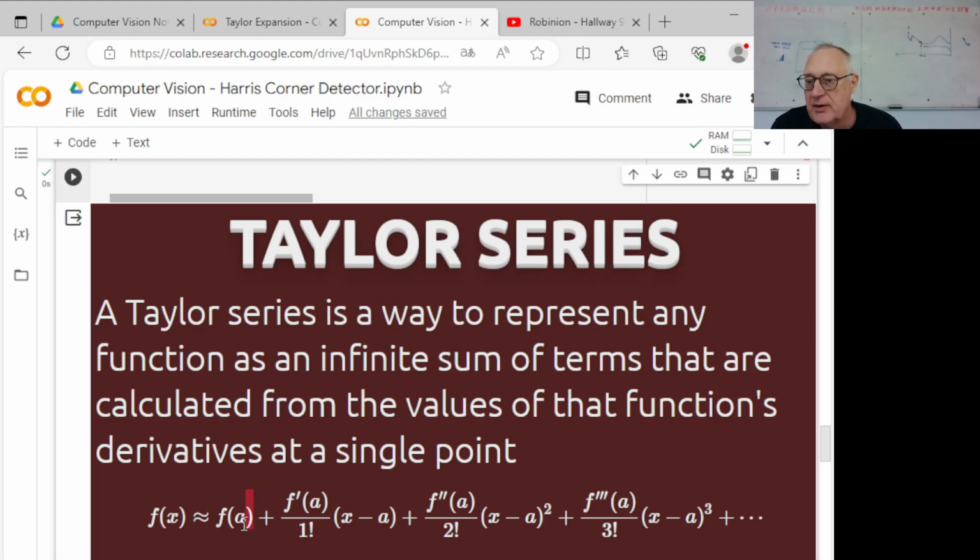So f of a is the point that I know. x is the point that I want to interpolate. I can also rewrite that as a plus some small displacement. It's equal to the value at a plus the first derivative times delta x, and then the second derivative divided by 2 factorial multiplied by delta x squared, plus the third derivative divided by 3 factorial multiplied by delta x cubed.